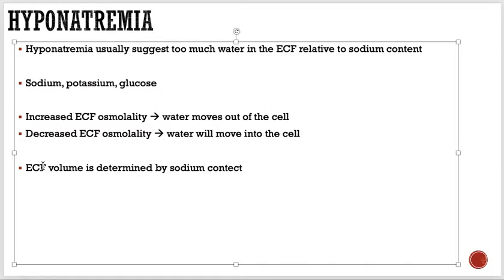Now, sodium content is different from sodium concentration. When the sodium content decreases, the ECF volume will decrease, and when the sodium is in excess, the ECF volume is going to increase, right?